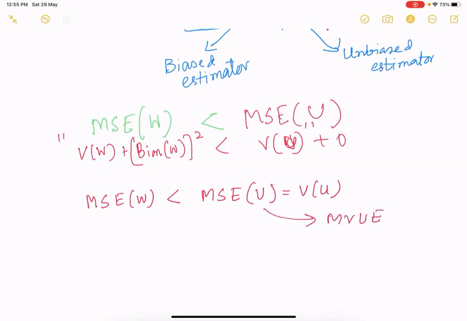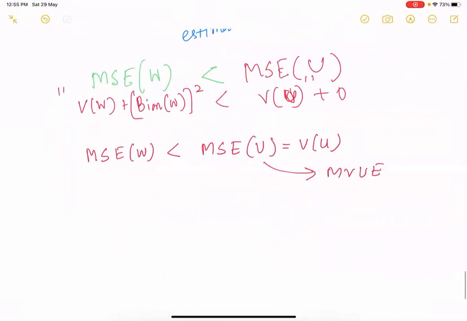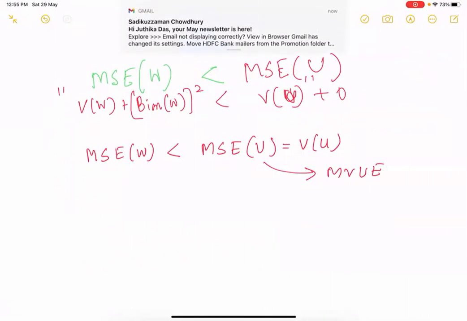If I can find a W whose mean square error is less than that of the MVUE, I'm already one step ahead. And then I can look into how much bias it has. If it is unacceptable, then we can try to do some correction for bias.